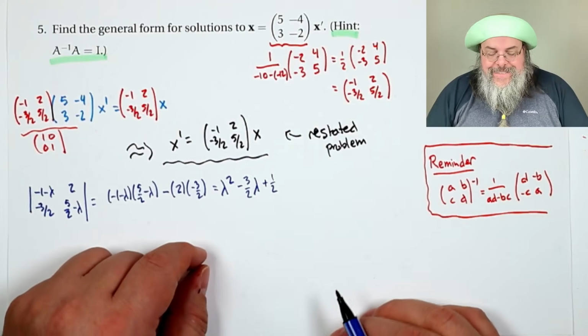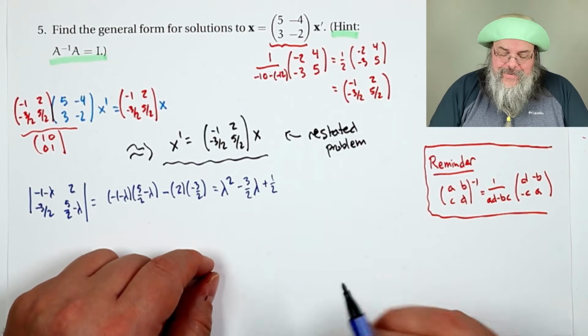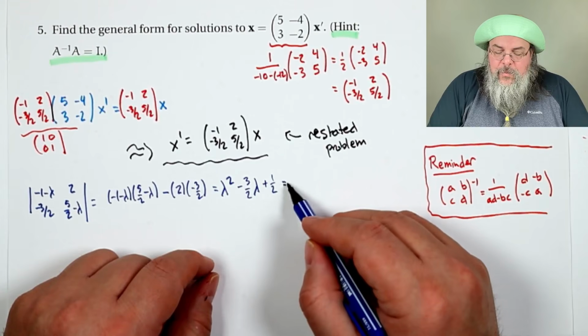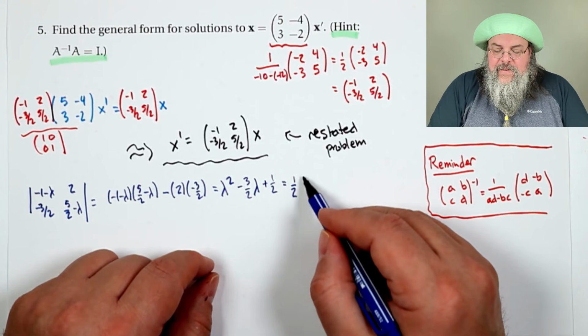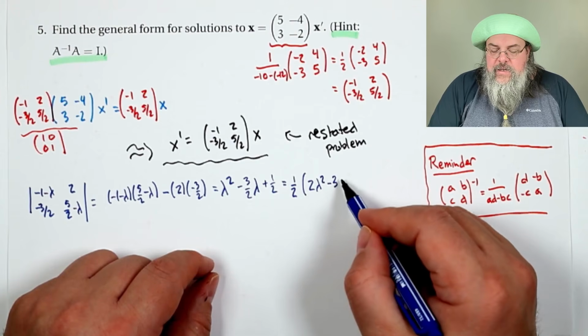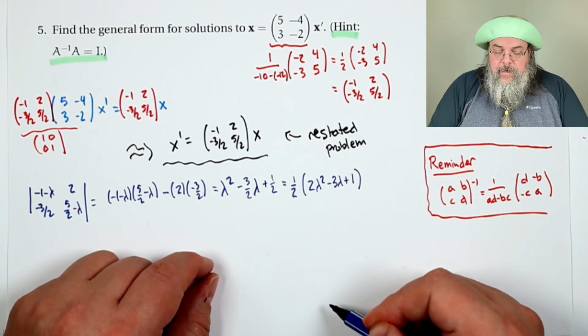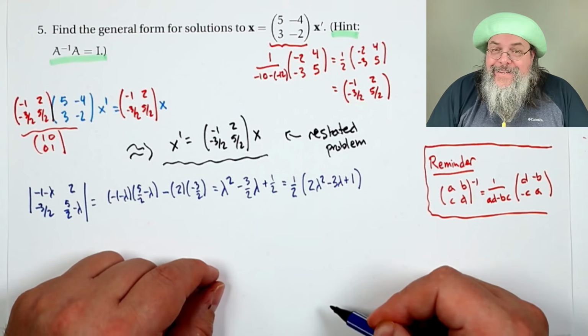Now at this point, you're probably like, I'm not as comfortable with this kind of factoring, Steve. Well, we can pull out a half. Then we get a 2 lambda squared minus 3 lambda plus 1. Okay, now what?